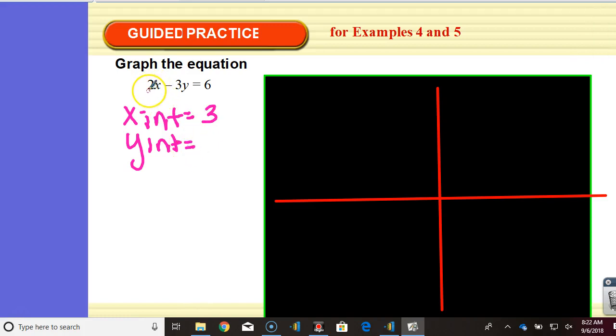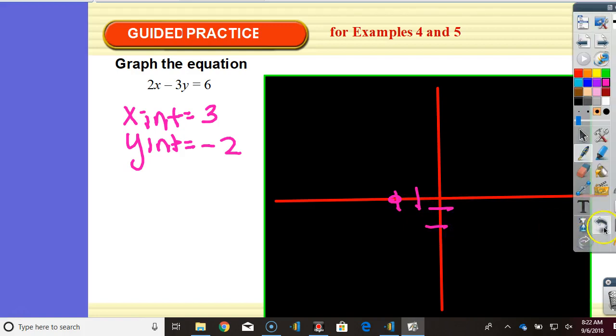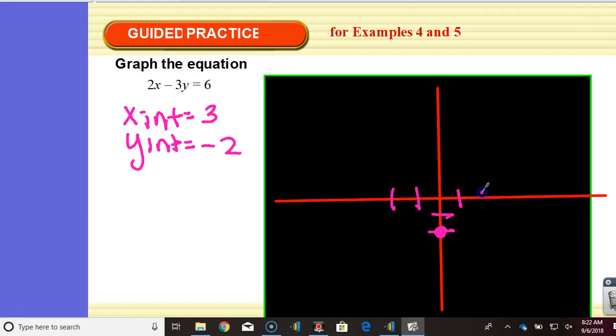Divide by -3 on both sides. Y is -2. Okay. Y is -2. X is 1, 2, 3. This is always your y-axis. This is always your x-axis. Make sense?